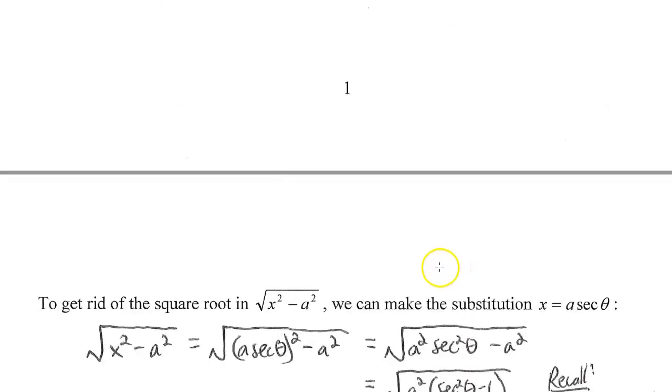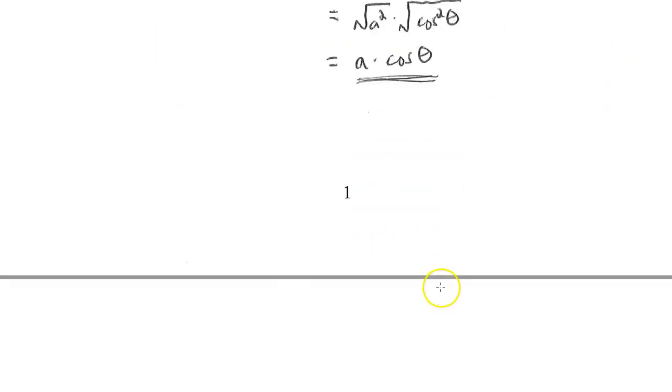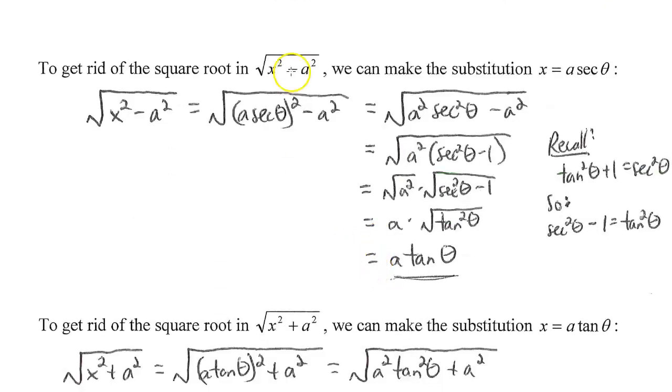Okay, you can do a similar thing. So by the way, notice that the square root here simplified. When we did the substitution x equals a sine theta, this square root simplified to be a cosine theta. Okay, now if we're in the case where we have the square root of x squared minus a squared, the substitution that we're going to make to simplify things is x equals a secant theta.